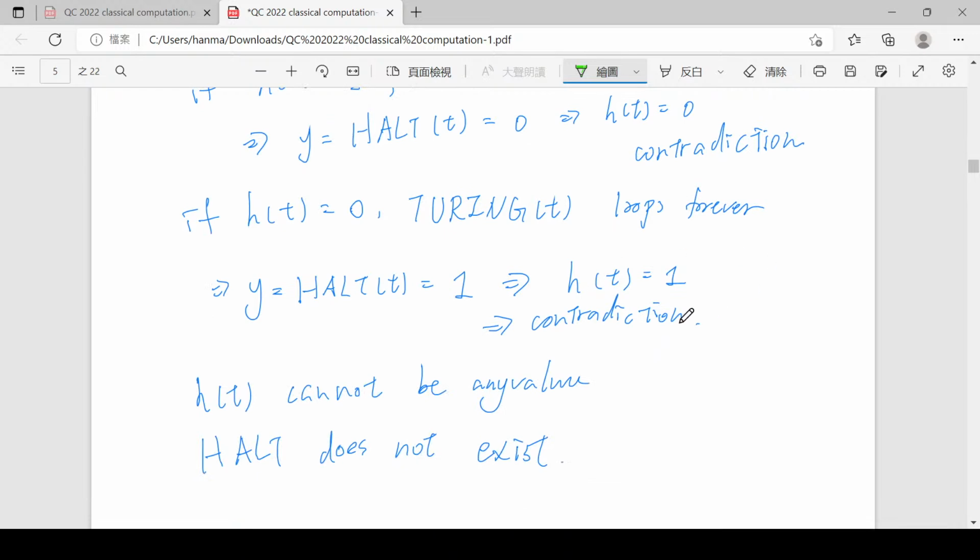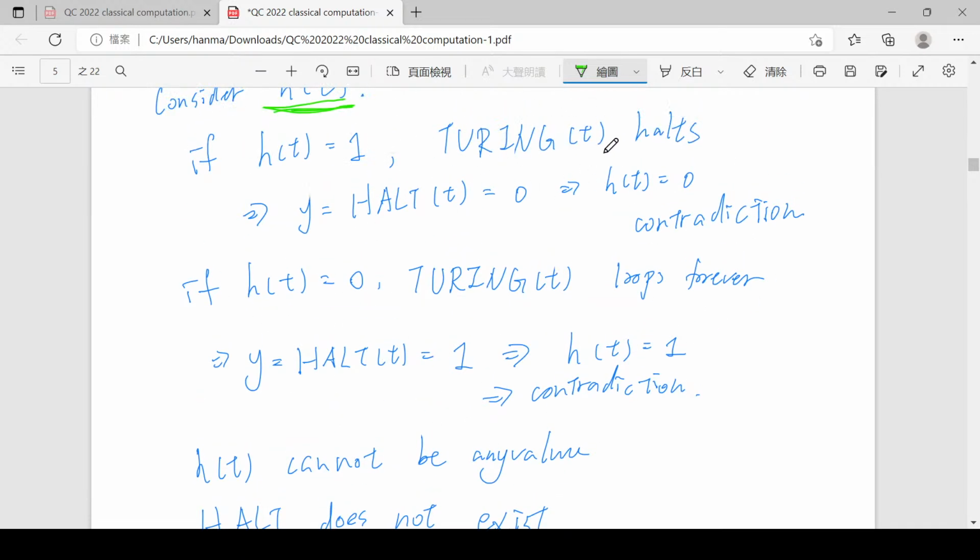So we find out that this h of t and the Turing of t give you a contradicting self-loop. However you compute it, it gives you some contradiction.